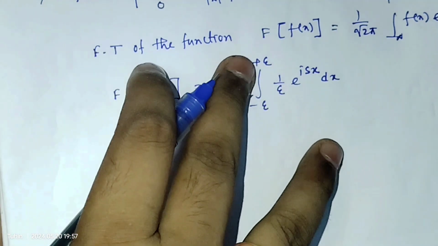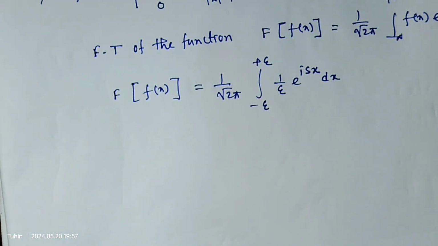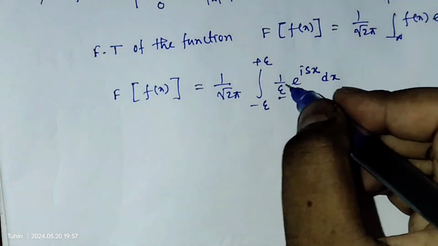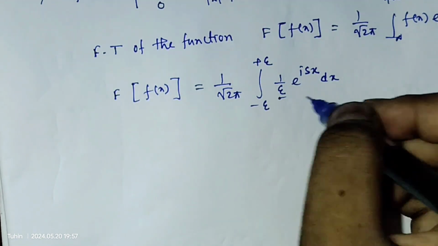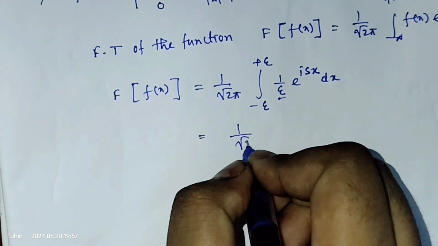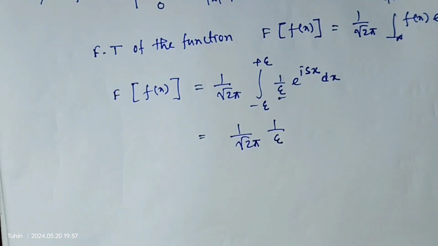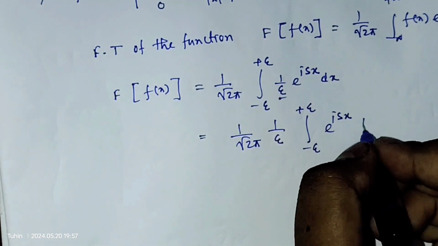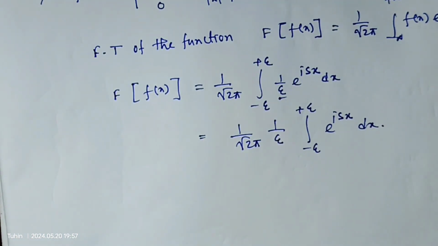Clear? Now I will take this constant term to the left: 1 by root 2 pi, 1 by epsilon, integral from minus epsilon to plus epsilon of e to the power i s x. This is a very easy integration if you know the formula.